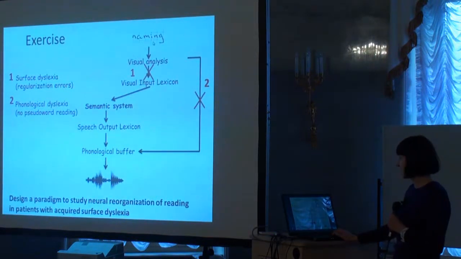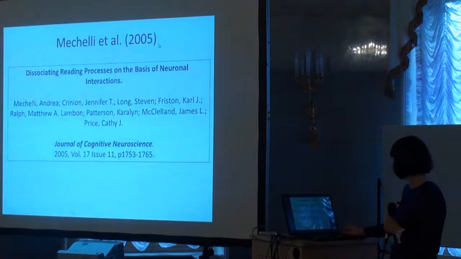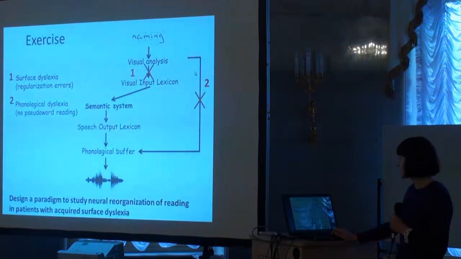This is one of the models for reading words. Say you have to read the word naming. And these are the stages you should go through according to this model. First, you analyze this written object visually.